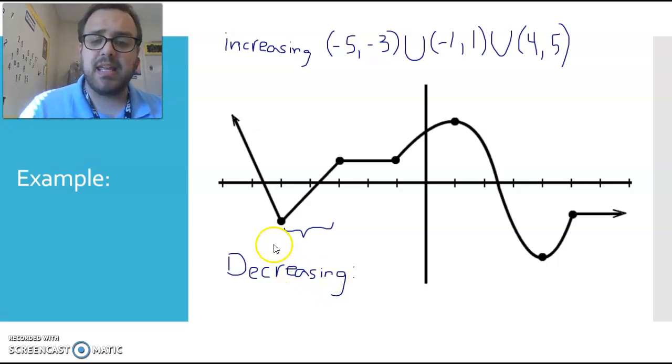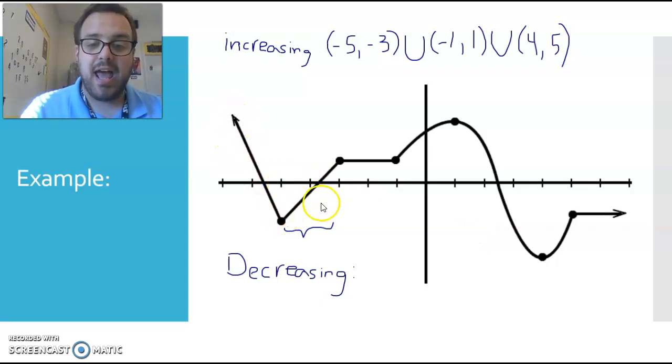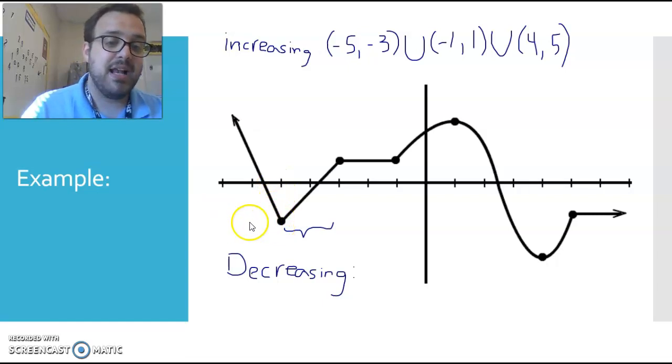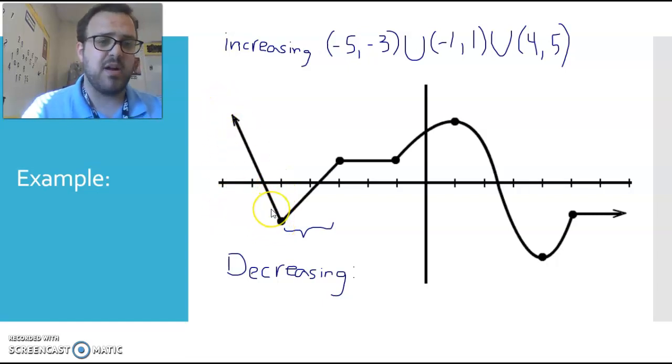And lucky for me, I can see there's a couple places this is going on. So first off, from here at, let's see, this is 1, 2, 3, 4, 5. So at -5 and beyond here, it looks like this would be decreasing, right? Thinking of it from left to right. And this is going on forever, right? I have an arrow end on there. So my decreasing here will be from -infinity to -5.